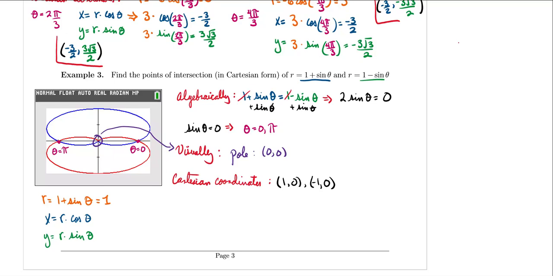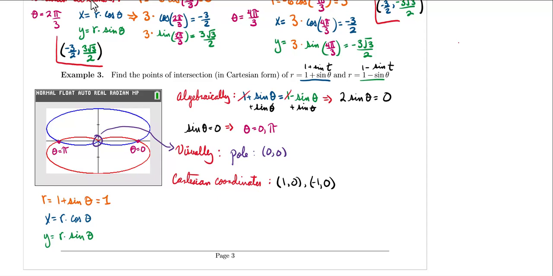An easy way of understanding this is to, rather than thinking about the equation in polar form, let's say that we're dealing with parametric equations, and let's say that we're dealing instead with 1 plus sine of t and 1 minus sine of t. And let's say that these ones here are sketching the curve or the path that a particular particle is taking.